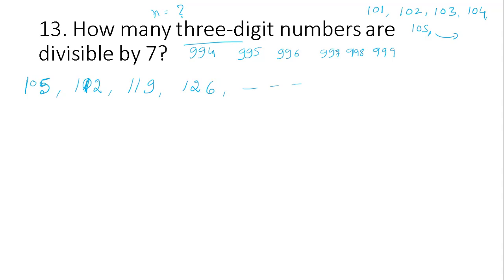It becomes 142. Yes, the last term is 994. This is divisible by 7.